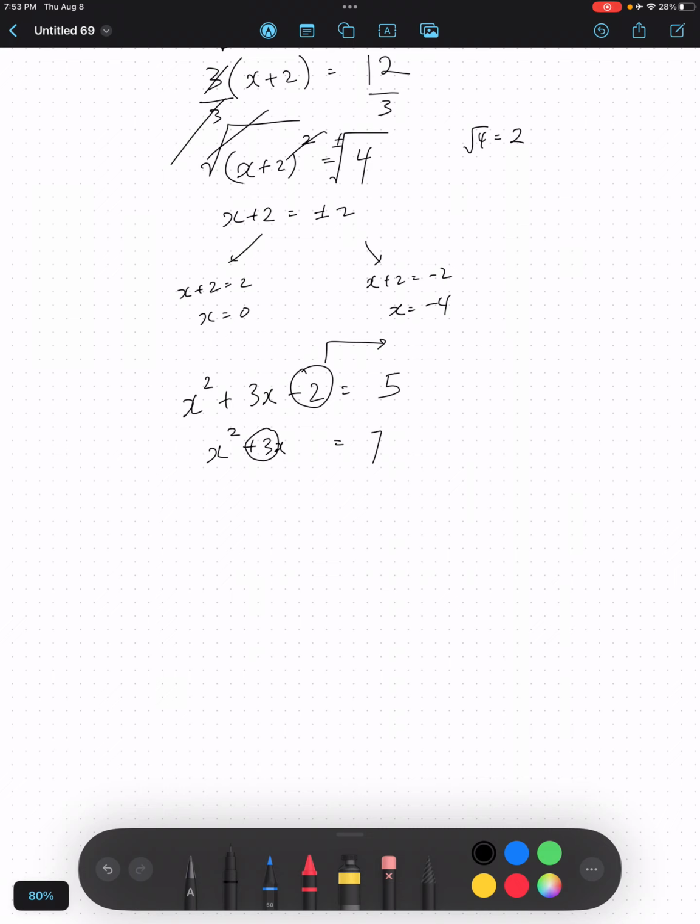Now we're going to take this coefficient and divide it by 2. Then we're going to square the result, and make sure you do it to both sides because you're now adding a new value here.